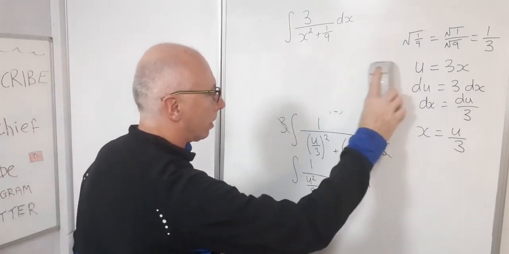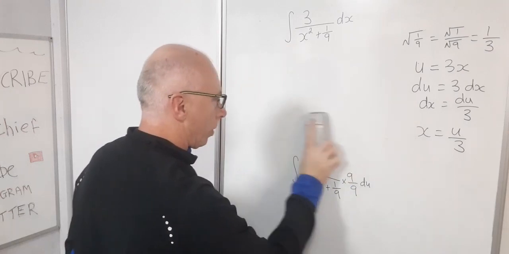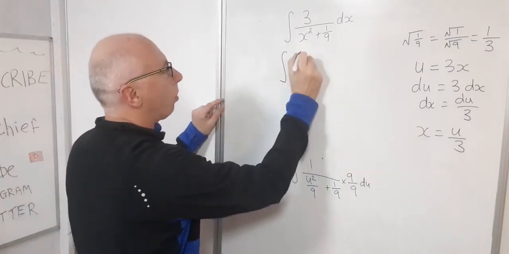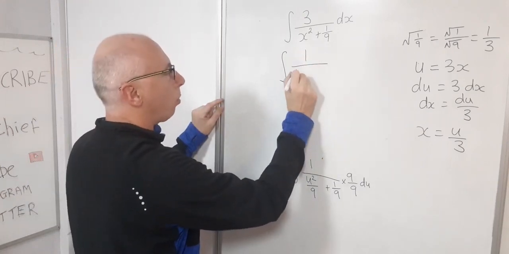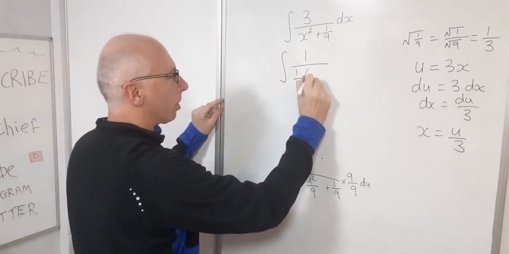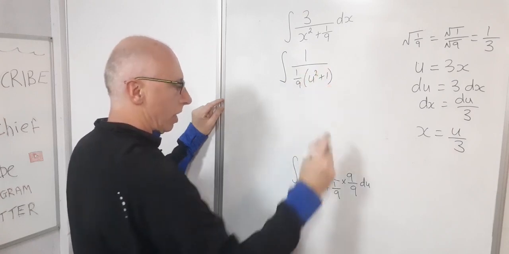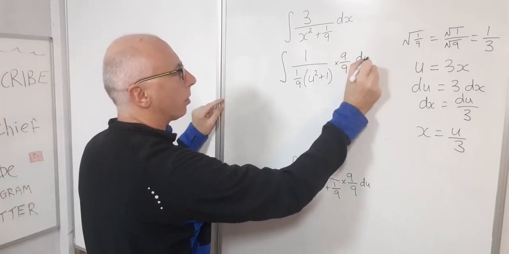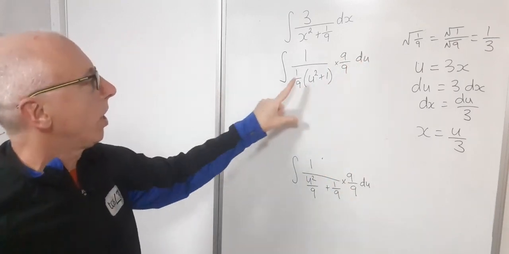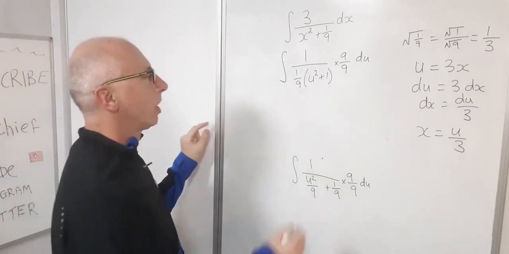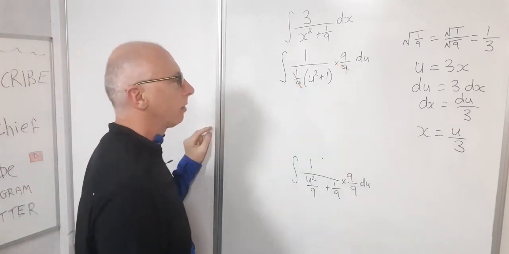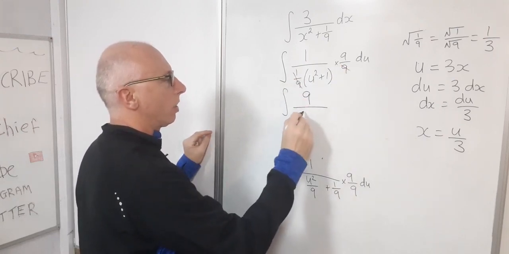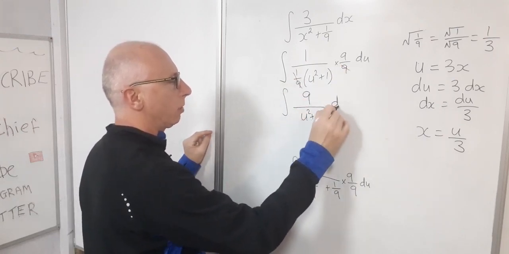So what I can do is rewrite my integral as 1 over 1/9 times u squared plus 1, and then I've got my 9 over 9 du. So now you can see the 9 and the 1/9 just become 1. So this and this cancel out. So now I'm left with 9 over u squared plus 1 du.